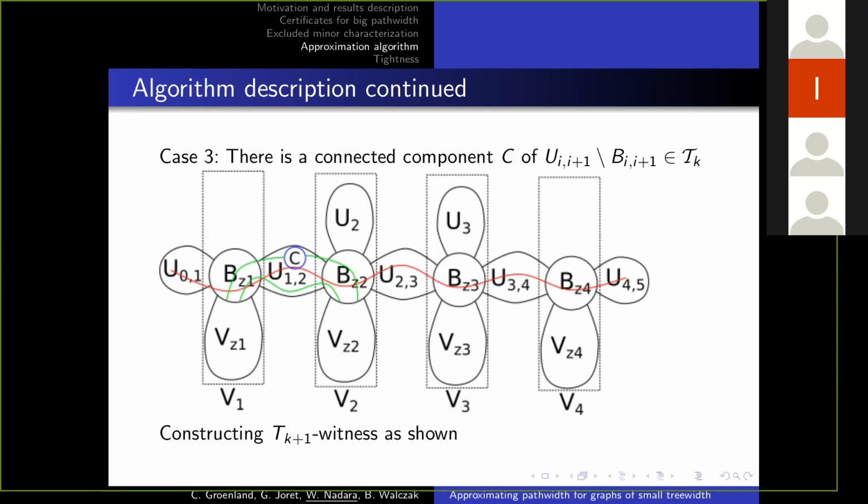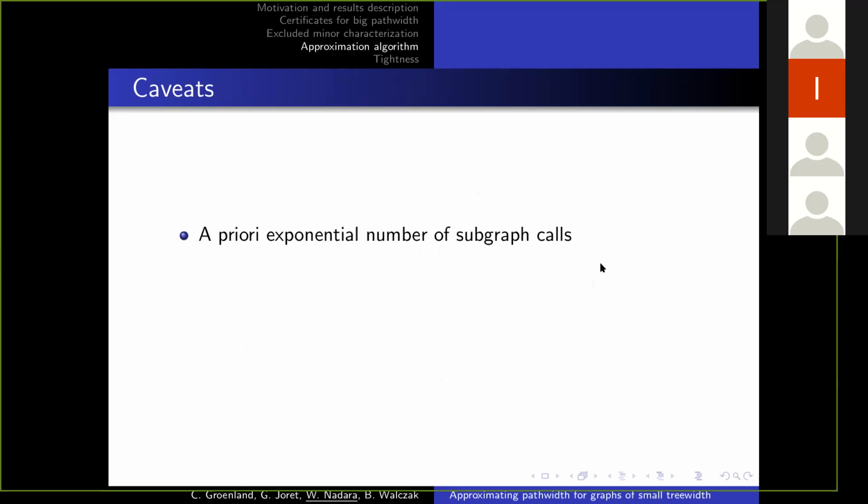They can be kind of weird. And so a priori, if we are calling that algorithm recursively, there can be exponentially many of them. However, after a proper analysis, it will turn out that there is actually a polynomial number of them, but this is a complex argument.